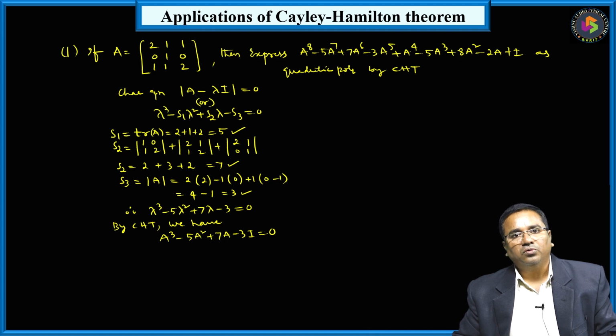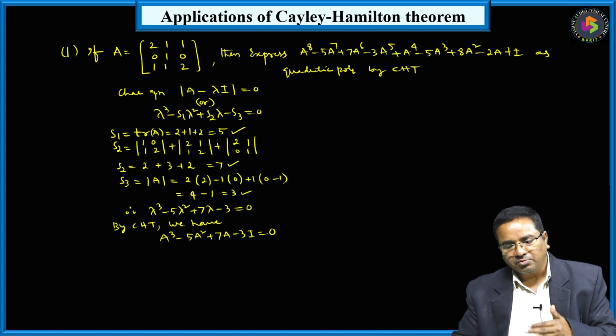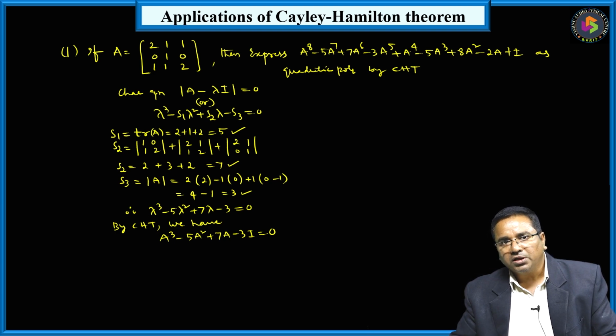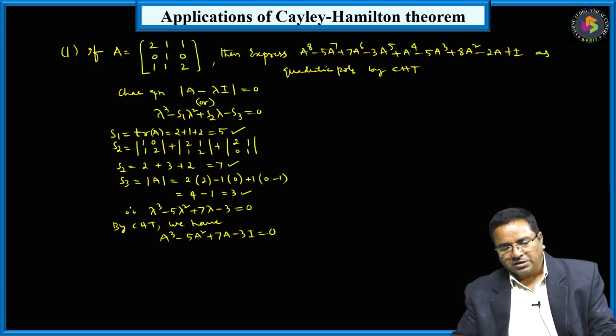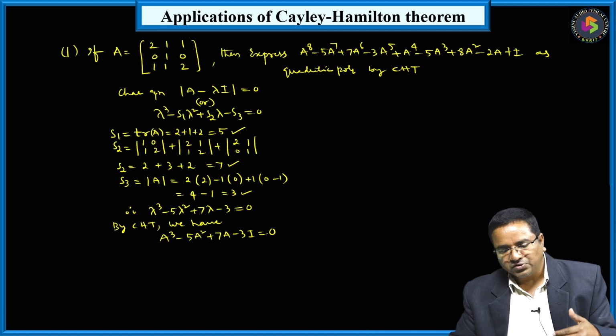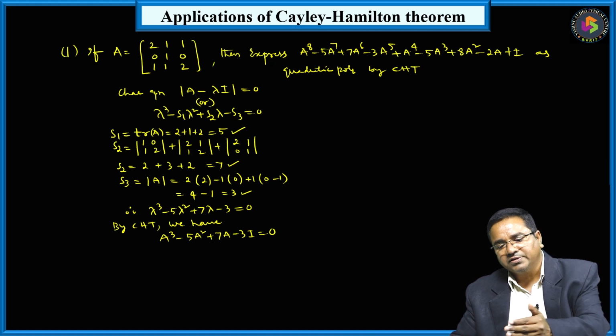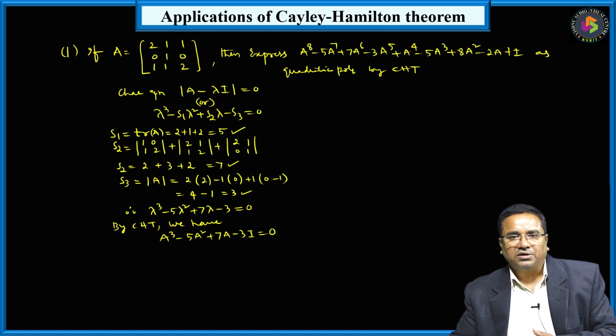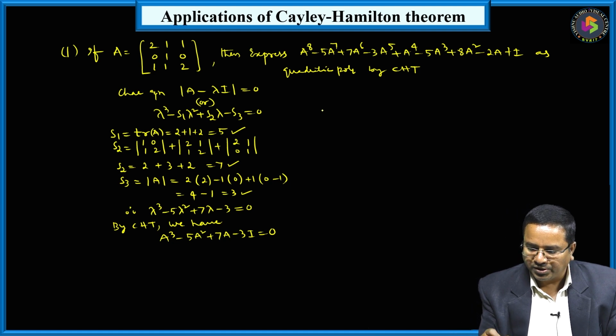Now using this result I am going to reduce this given 8th degree polynomial to a lower degree polynomial. The best way is to divide this 8th degree polynomial by this one, and whatever remainder we get is the required answer. So this is the easiest way.